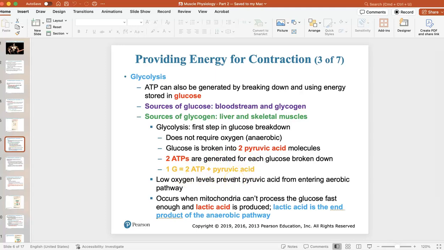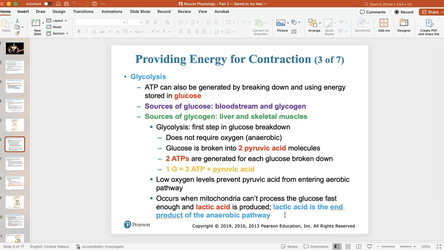Now, consider this a pathway, this anaerobic pathway. At the end of this pathway, if the activity in question is heavily anaerobic in nature, the pyruvic acid will continue down the anaerobic pathway and become lactic acid. So as it says here in blue, lactic acid is the end product of the anaerobic pathway.